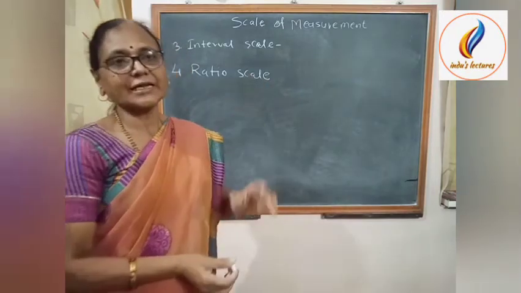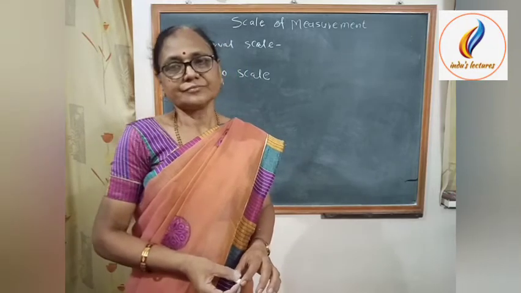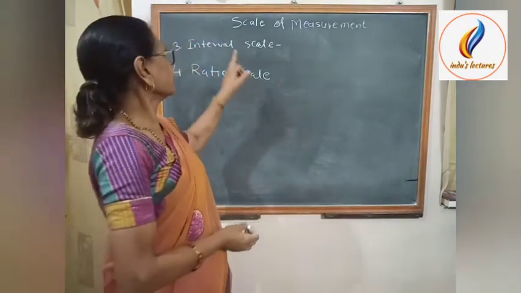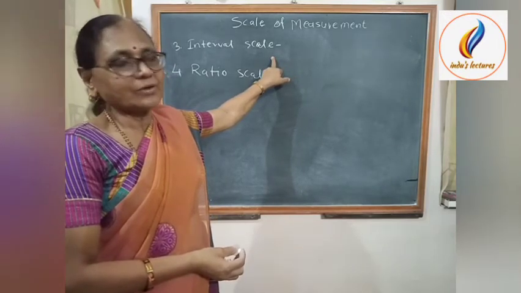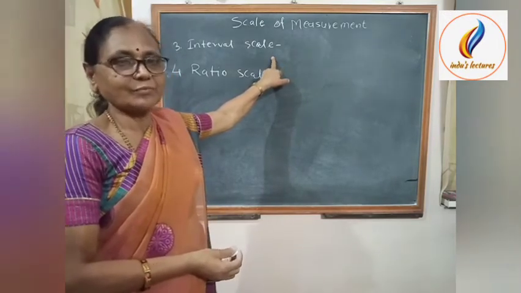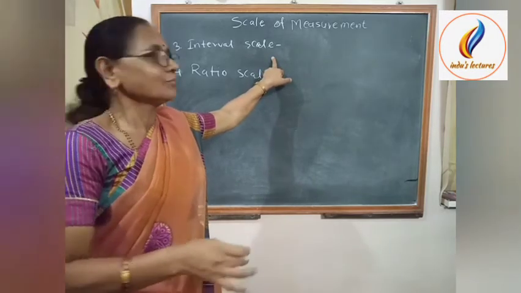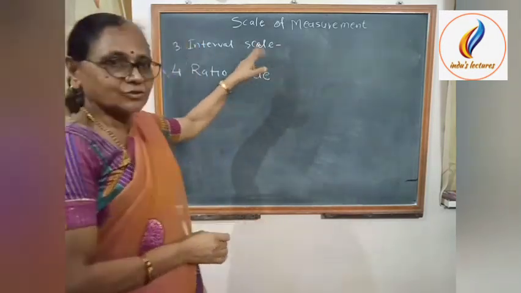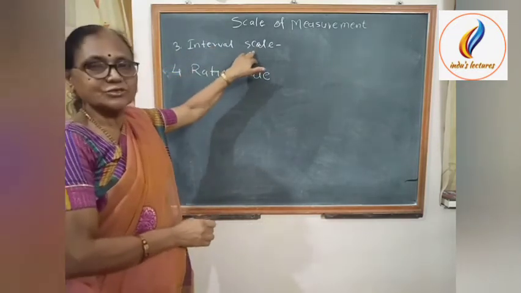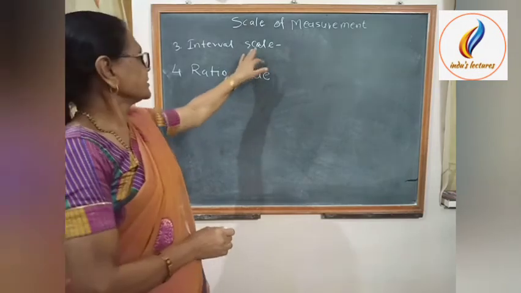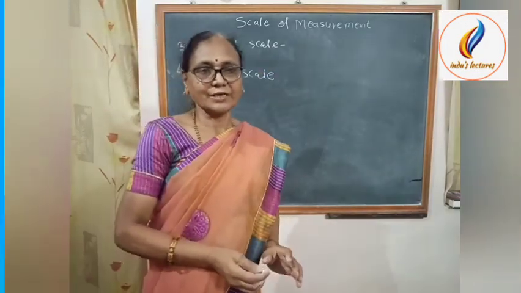In ratio scale, all mathematical operations are permitted, while in interval scale, mathematical operations are permitted, but it has no true zero, so it has some limits. But in statistics, usually on a large scale, interval scale is used. In this way, in this part, we have seen the scale of measurement.